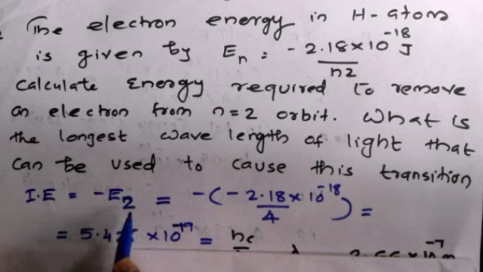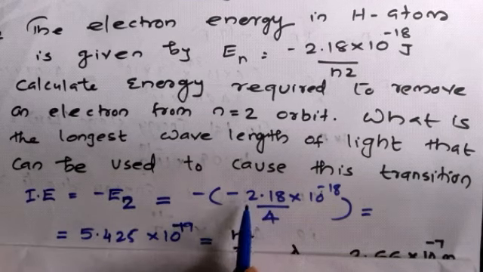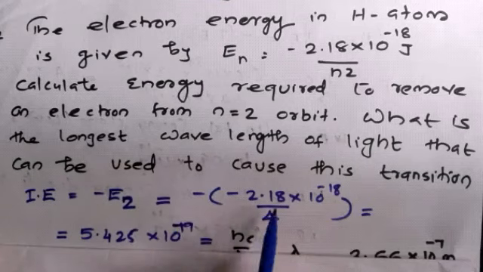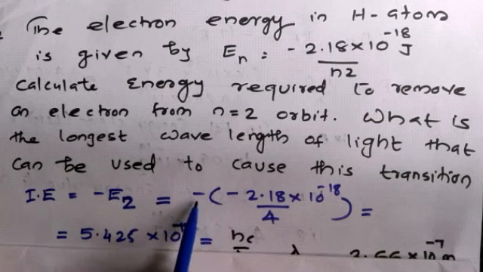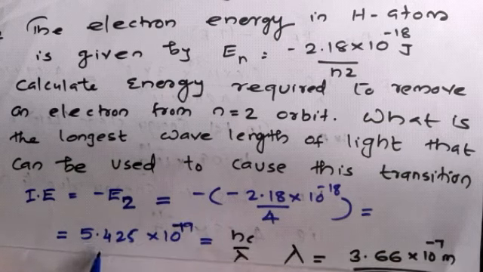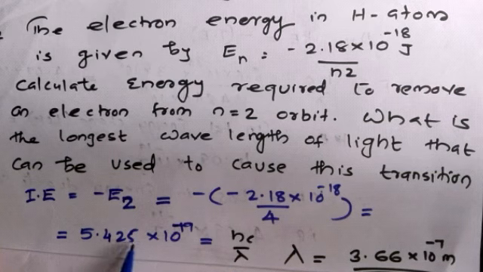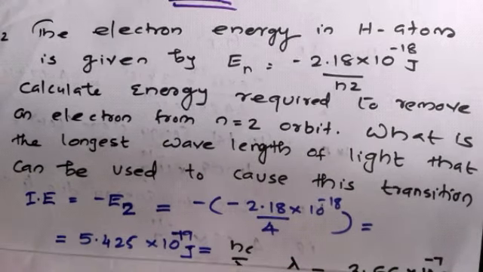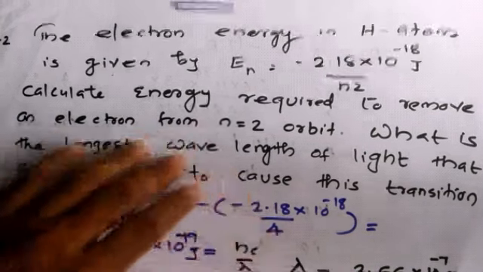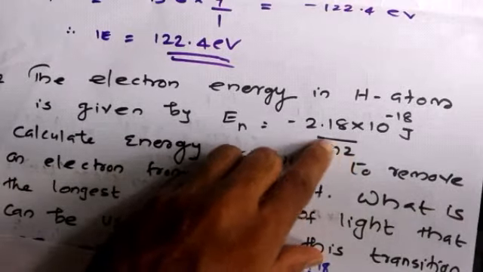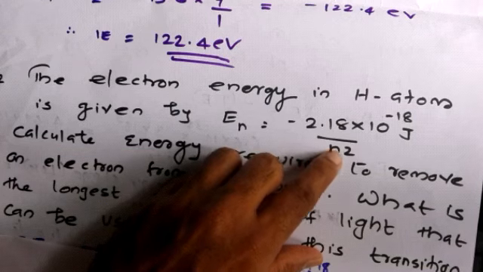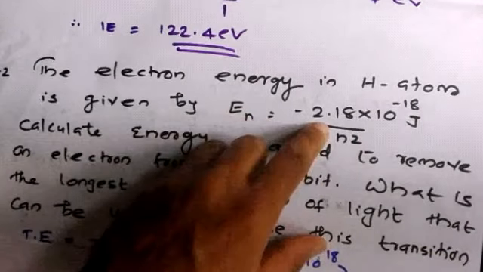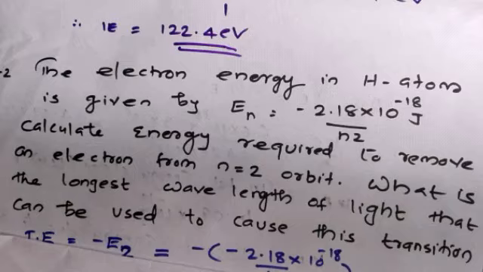En is equal to E2, minus 2.18 into 10 raised to minus 18 by 4. You get this value in negative, make it positive, multiply with the negative sign. Finally you will get this much joule. Therefore, this is the ionization energy. Very simple. You are just putting N is equal to 2, that is 4. You will get En, make it positive, that is ionization energy.